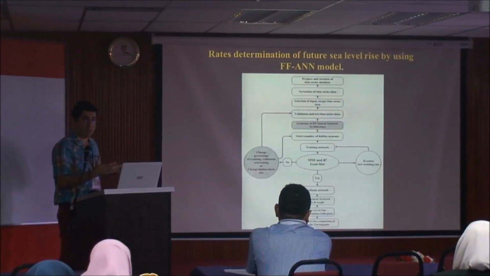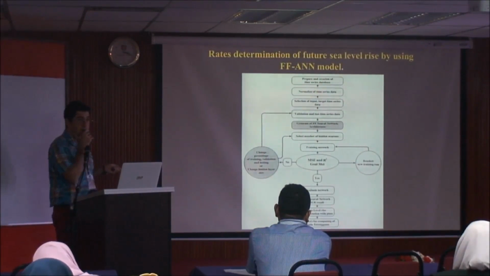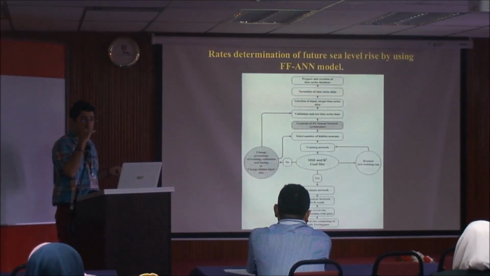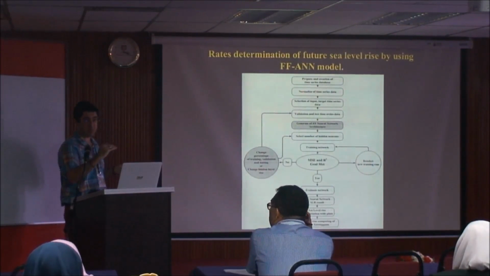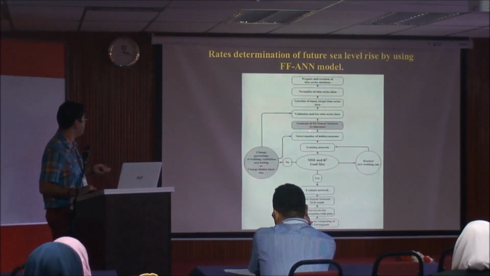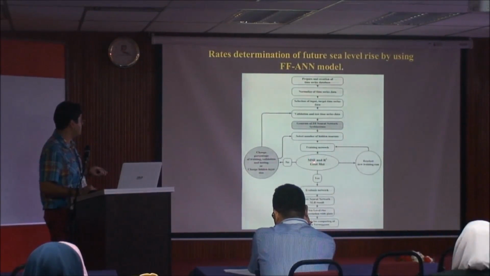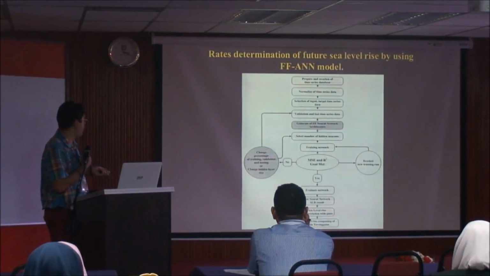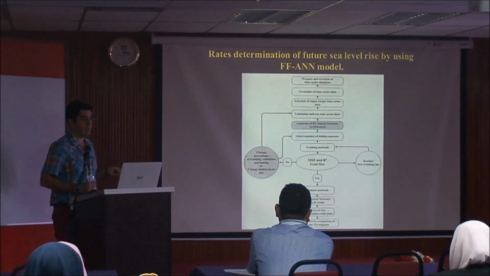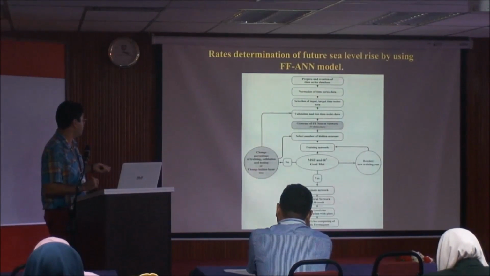After normalizing all the input and output data and putting it into the feed-forward model, for training, validation, and testing we divided the data: 60% for training, 20% for validation, and 20% for testing. After that, we run the model 100 times until we find the best MSE and R-square.